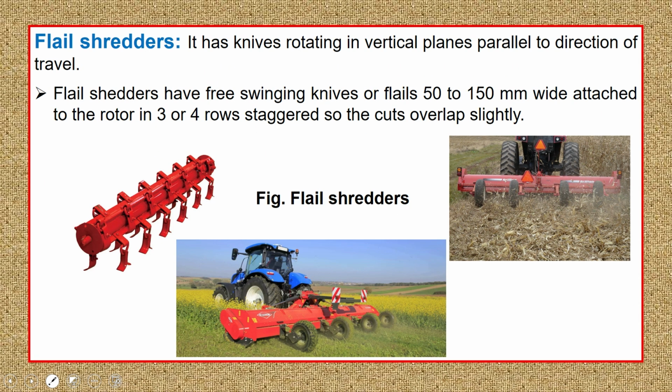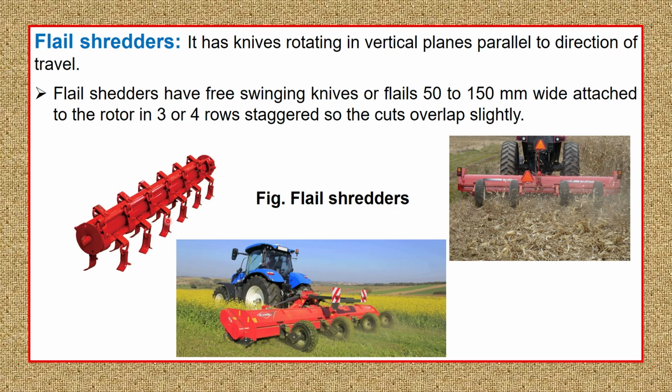Flail shredder is another example of an impact cutting mechanism harvester, where it comes with a rotor, and onto the rotor a number of flanges and knives are attached, which we call the flails, and they are free to swing to either side, as they are not rigid. They are randomly attached.